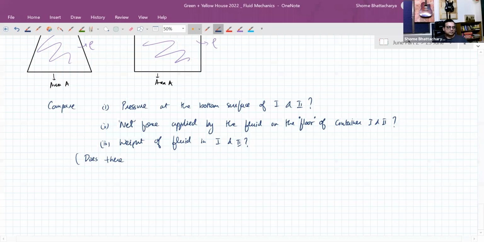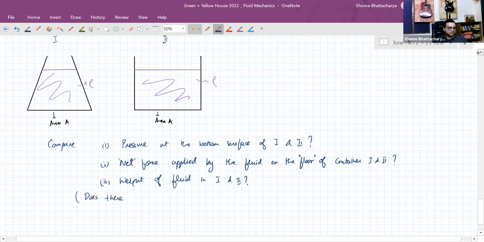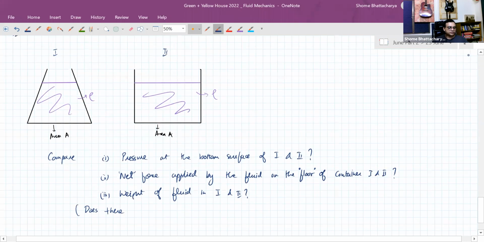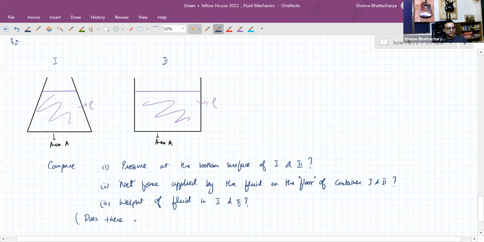Okay, in just a moment. So this is part of a very ancient philosophical problem before physics was invented, called the hydrostatic paradox. Okay, but physics actually explains it. So there is no paradox as such. But in ancient times, this was called the hydrostatic paradox. So is there a contradiction or a paradox?